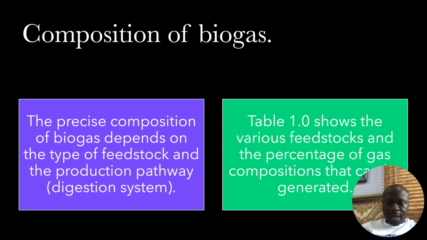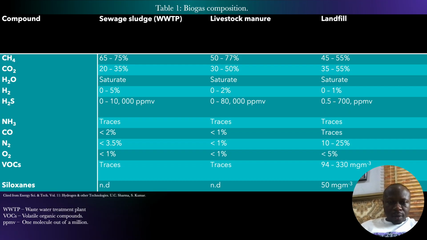For example, the agricultural waste and the sewage sludge, they are all feedstocks. So now this is a table showing you the various feedstocks and the various composition of the gases they generate.